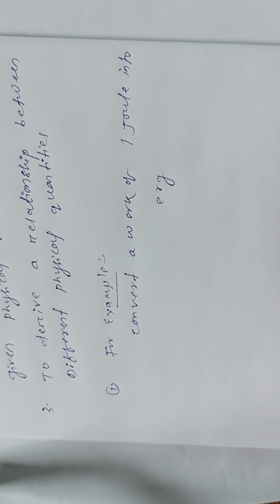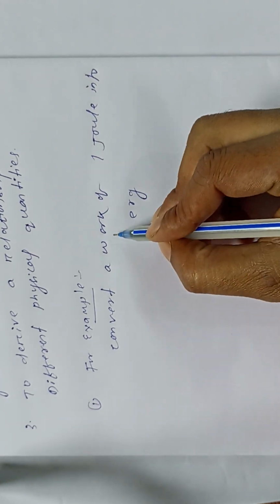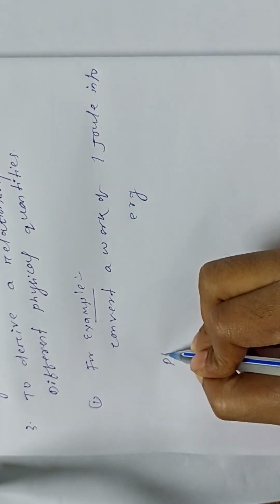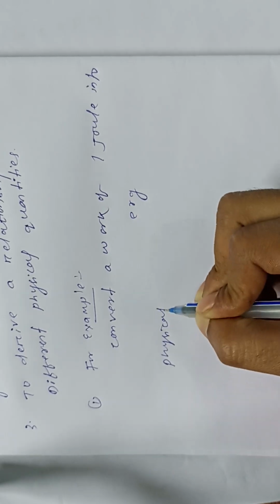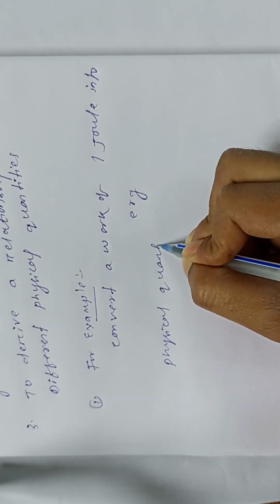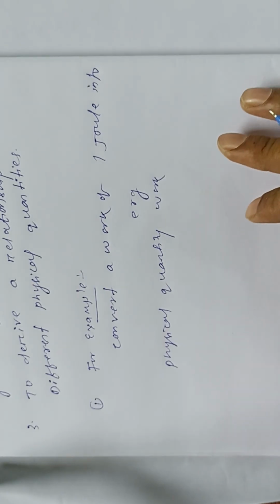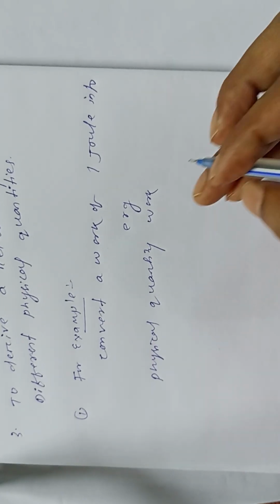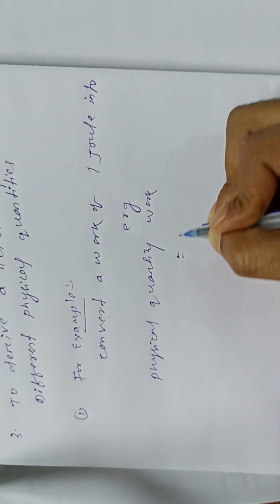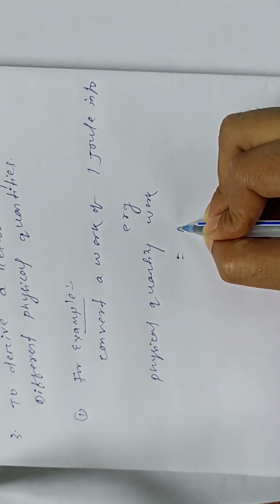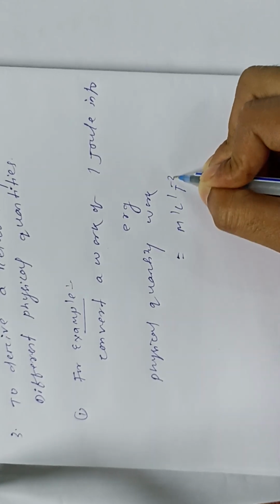So the physical quantity is work. First we write the physical quantity. Its dimension is the same as the dimension of energy, like M^1 L^2 T^-2.